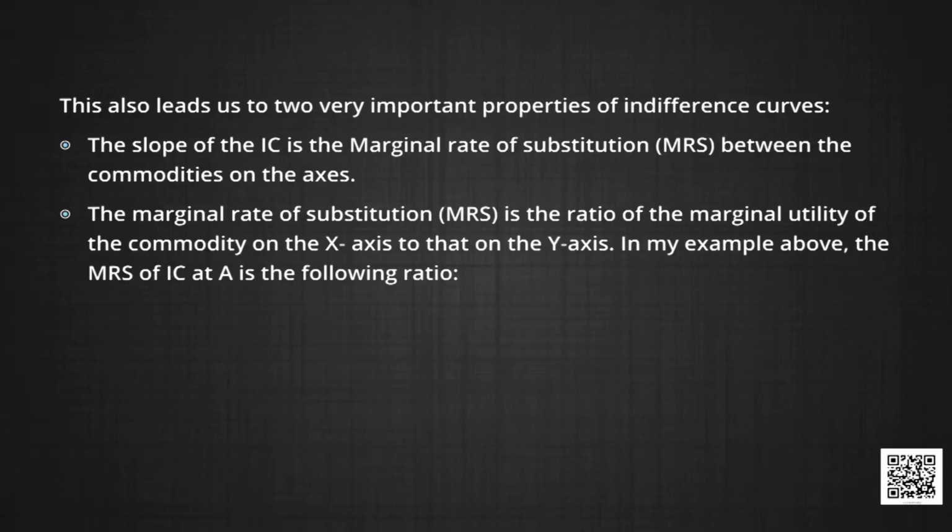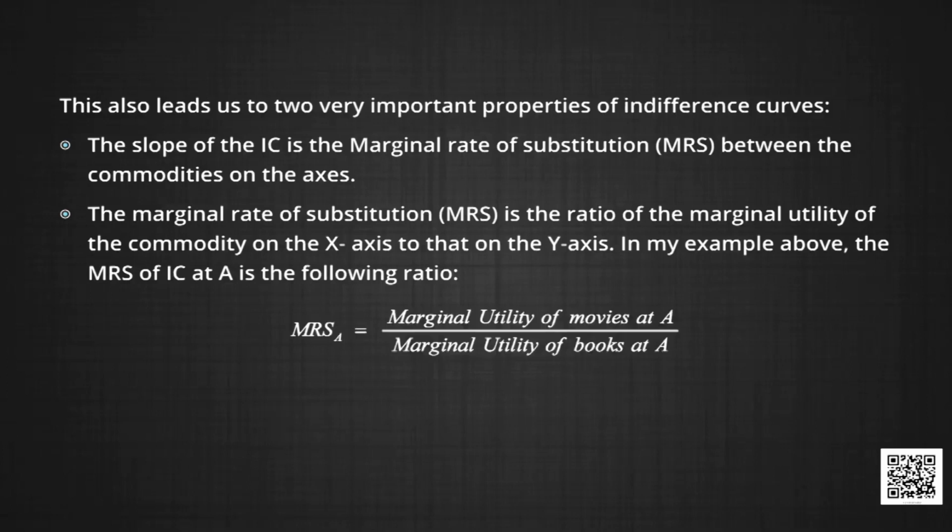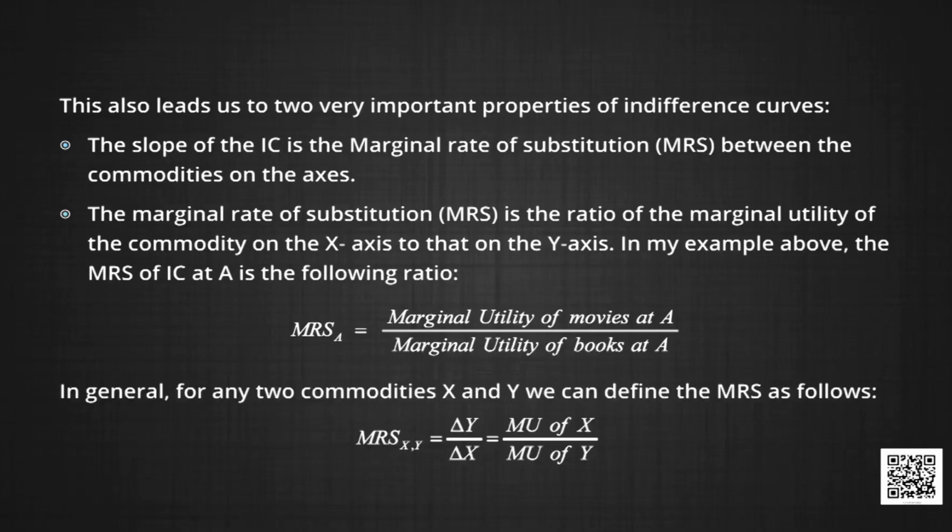In my example above, the marginal rate of substitution of the indifference curve at A is the following ratio. It is the marginal utility of movies divided by the marginal utility of books. In general, for any 2 commodities, X and Y, we can define the marginal rate of substitution as follows, as is shown on your screen.